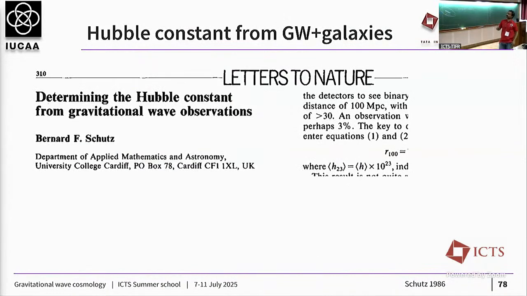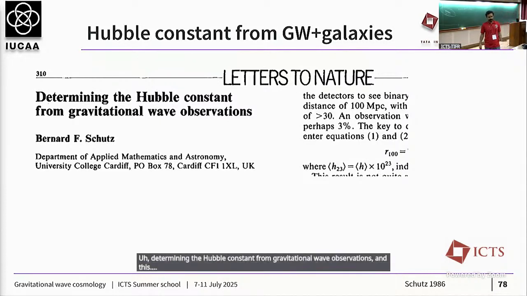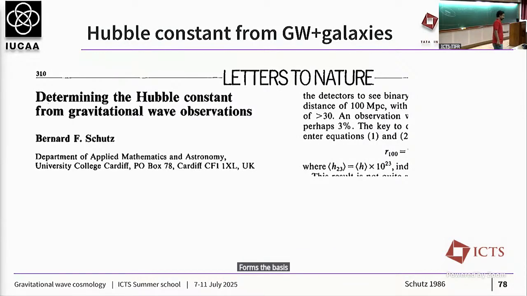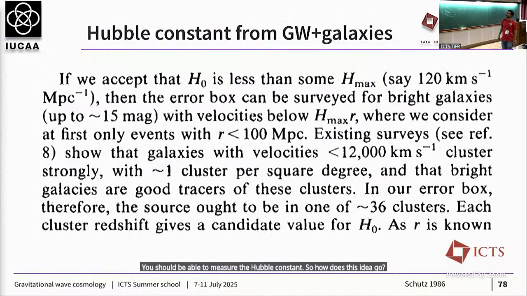Okay, so there was a paper written in 1986, way before gravitational wave events were discovered, by Bernard Schutz, on determining the Hubble constant from gravitational wave observations. And this forms the basis. The idea was, even if you don't have a counterpart, you should be able to measure the Hubble constant. So how does this idea go?